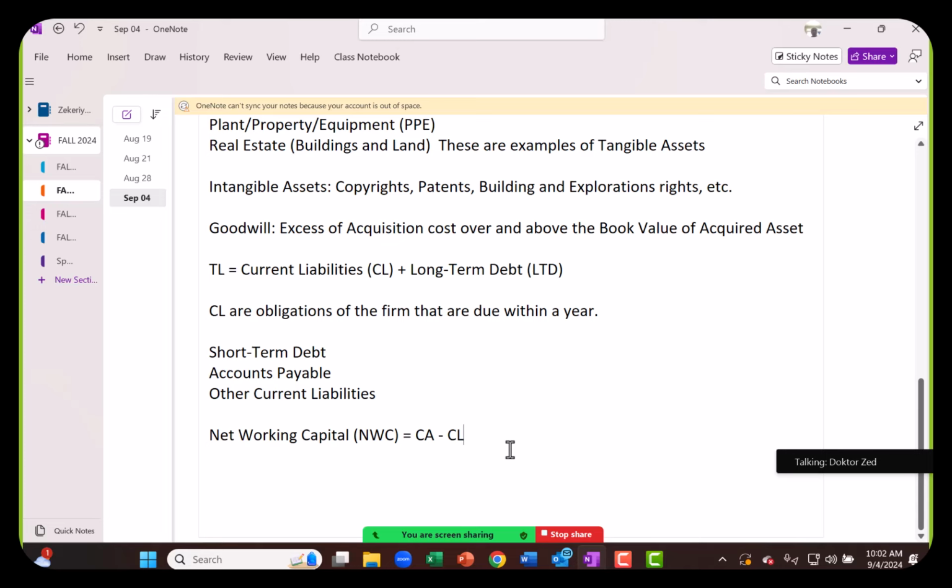These days, you may not have that much current assets, but if you have access to credit, for example, Dell is an example of that.